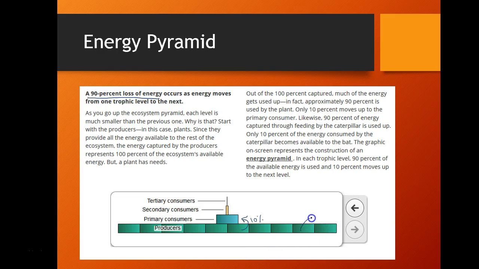That means that the other 90% is used up by the organism or lost as heat. So as we go up each trophic level, we only transfer 10% of what was available at the previous trophic level.